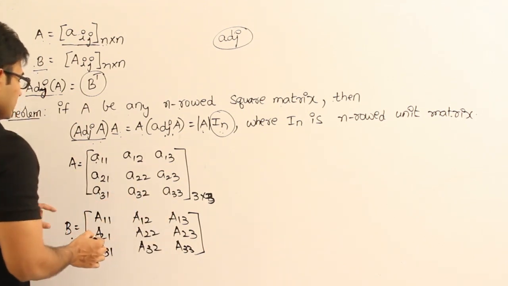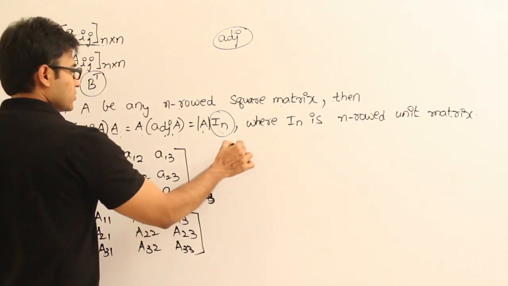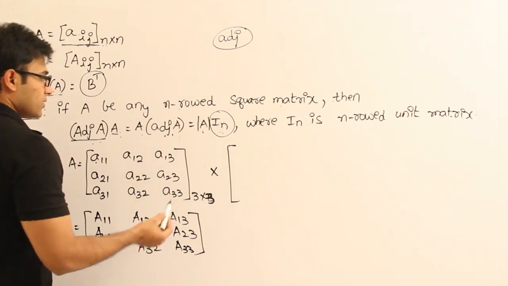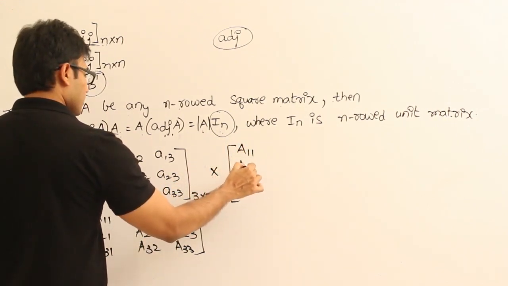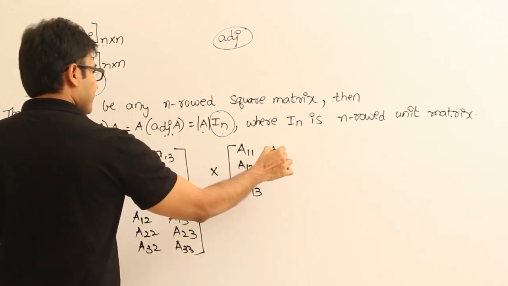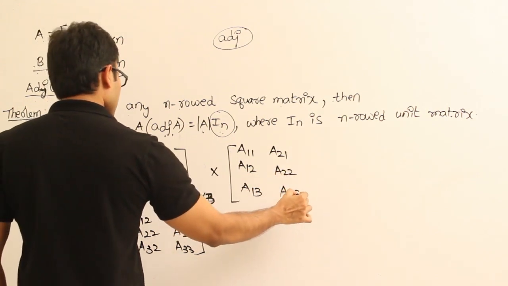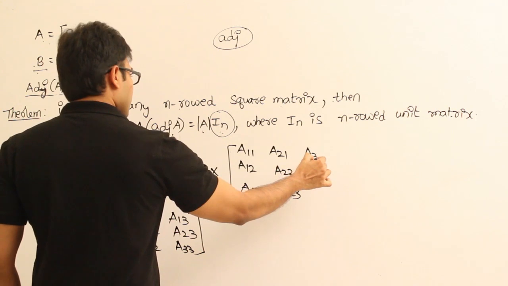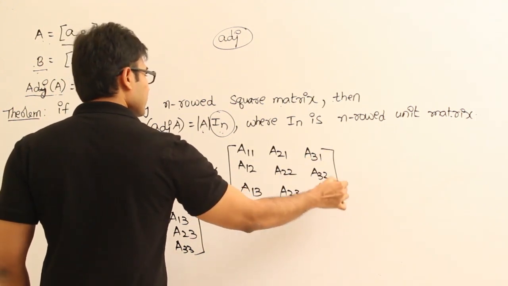Now if I take the transpose of this matrix, that is called the adjoint of A. This transpose is nothing but A11, A21, A31, A12, A22, A32, A13, A23, A33.